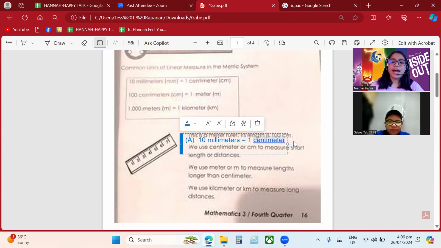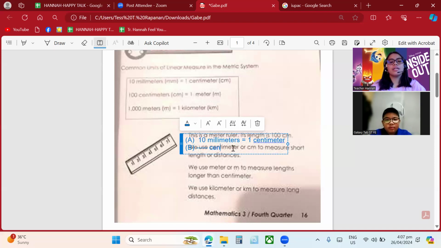Okay, Gabe. How many millimeters for 1 centimeter? How many do you have? 10 millimeters. 10 millimeters. Very good.